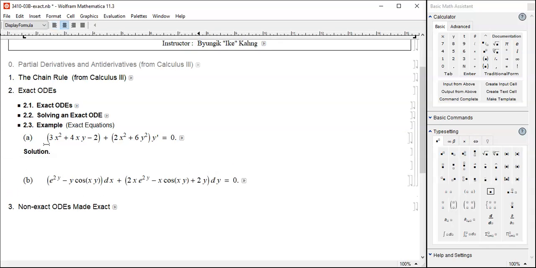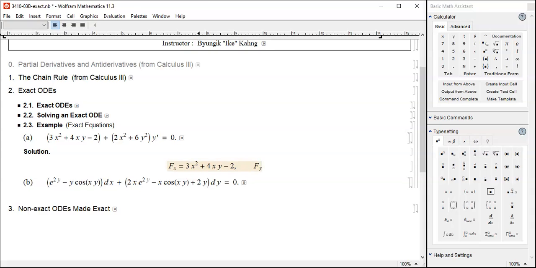And then let's begin. F sub x is this. And f sub y is this. Okay. The x part is x, and then the y part is y.